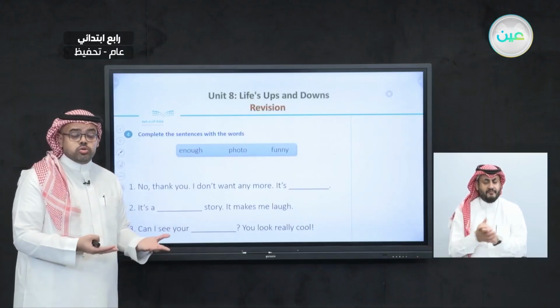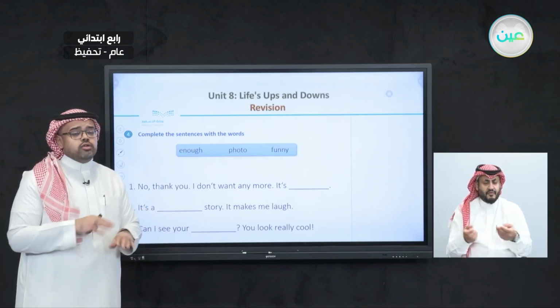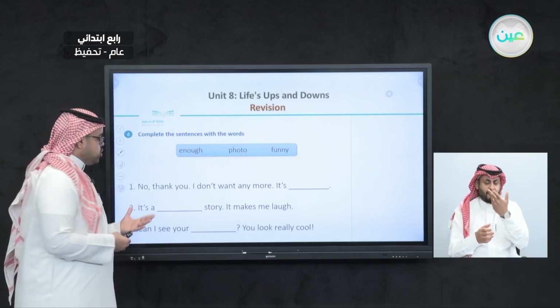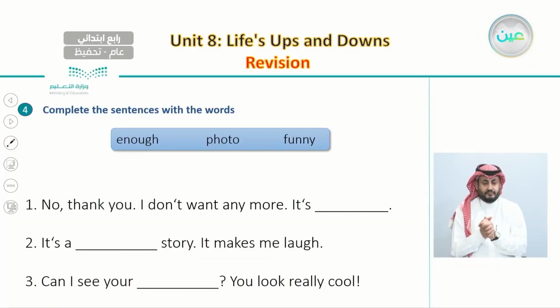If you go to a restaurant and you are full and you don't need anything to eat, what would you say? You would say, no, thank you, I don't want any more. It's enough, or it's photo, or it's funny. What is the word that you would say when you are full? You would use the first word. No, thank you, it's enough.